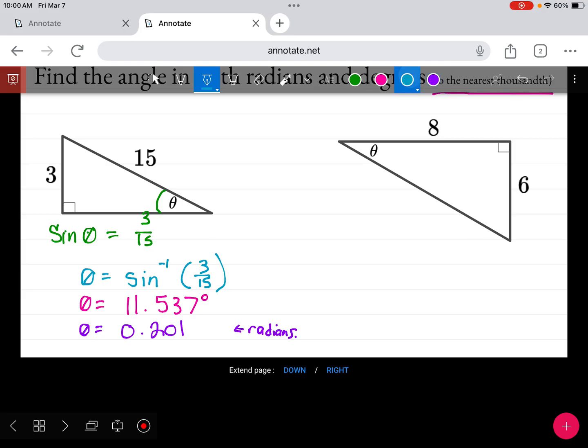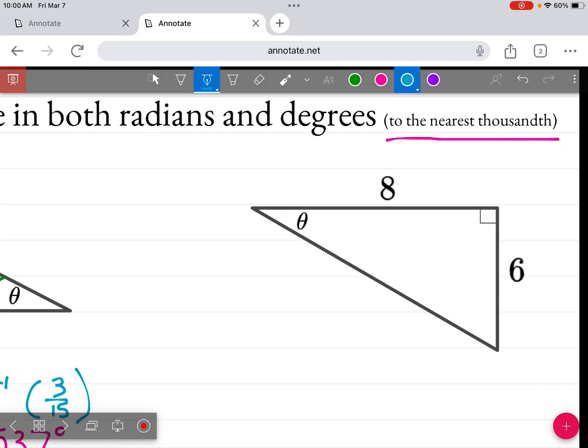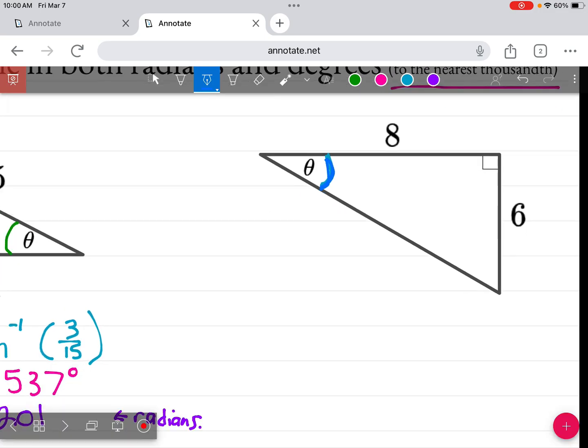Same vibe on the second one. I give us a different angle here. So now we're looking at this angle up here. What relationship can we tell based off of the sides we know here? Tangent. So we know that tangent of theta is what? 6/8.